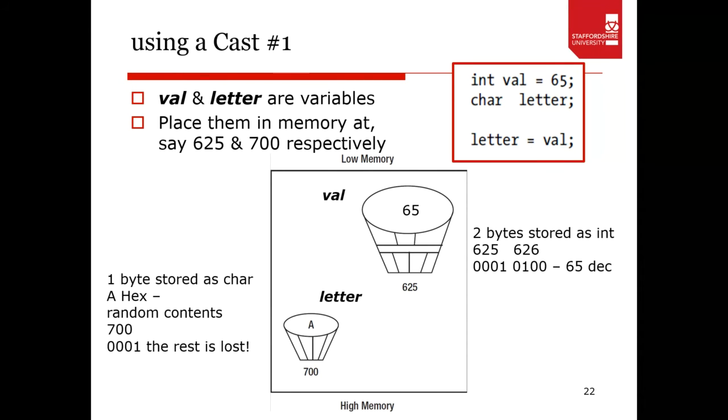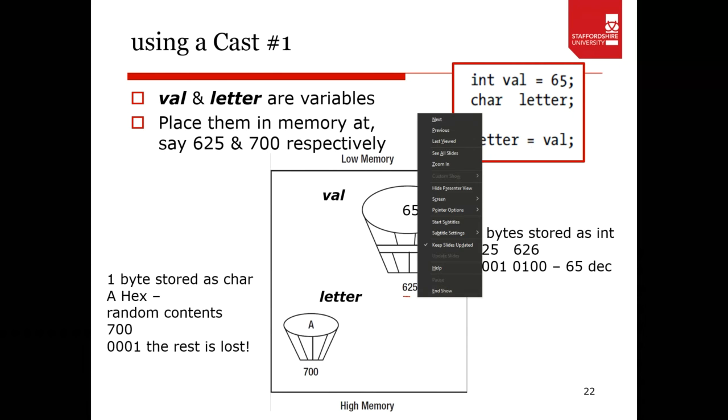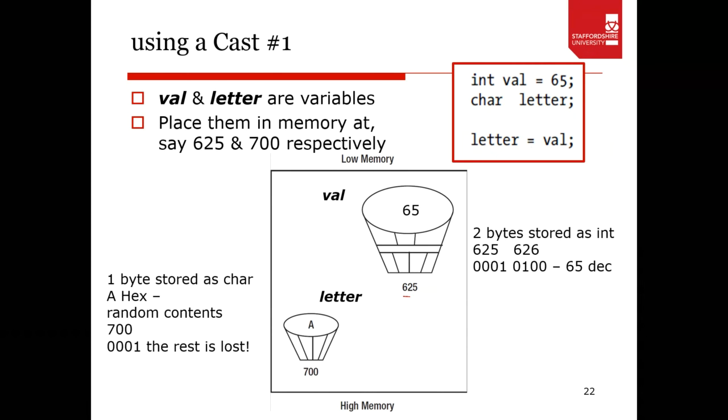Letter equals val. So what this is here is in 625 we have stored 65, as 2 bytes stored as an integer in 625 and 626.